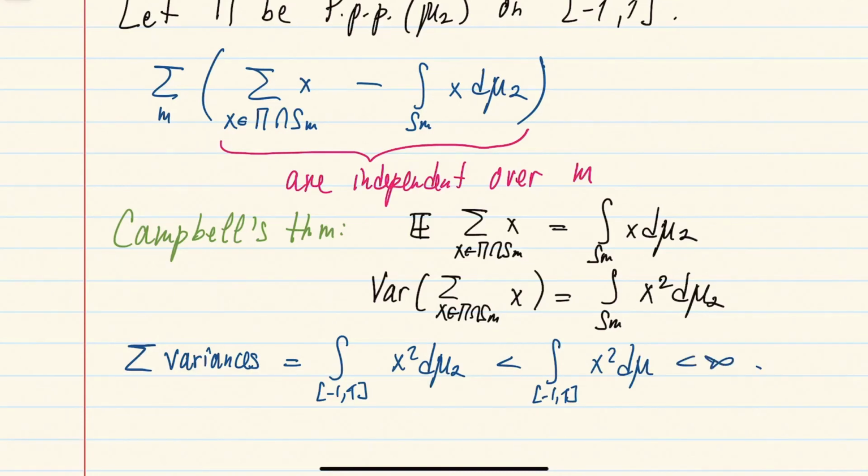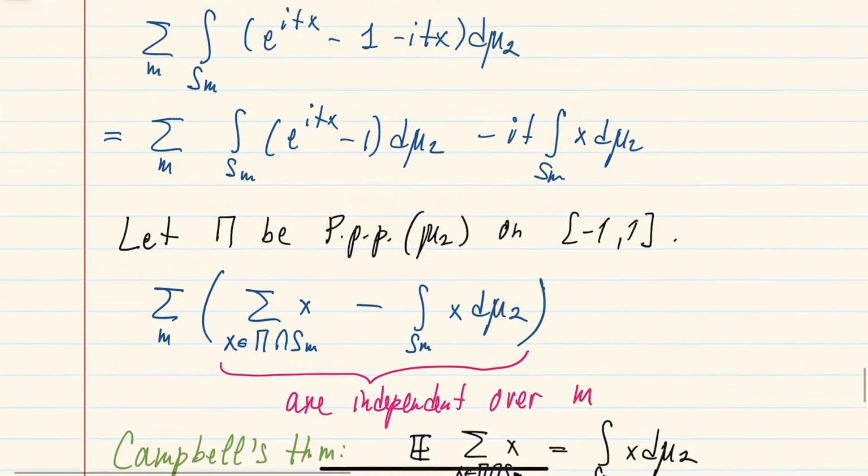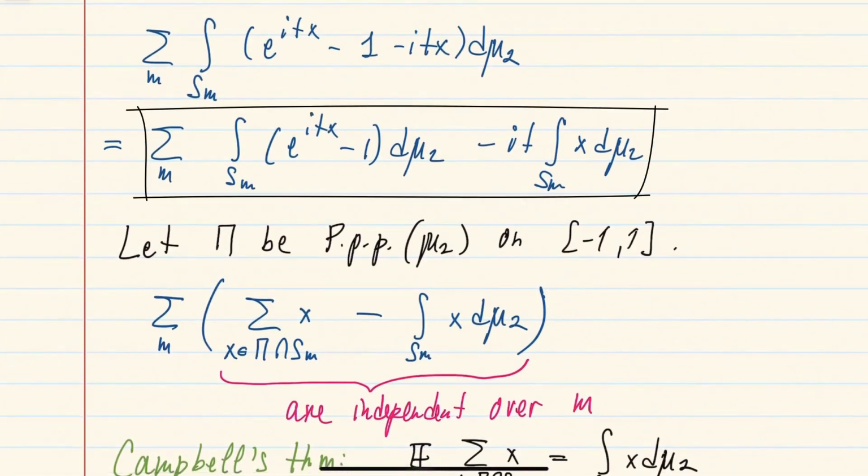And by Kolmogorov's criterion, the above series converges almost surely. So in fact, this is a well-defined random variable, and its characteristic function, again by Campbell's theorem, will be exactly what we want. The sum over Poisson process corresponds to the first term, and the constant corresponds to the second term.